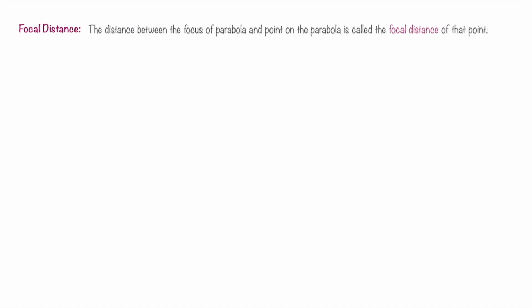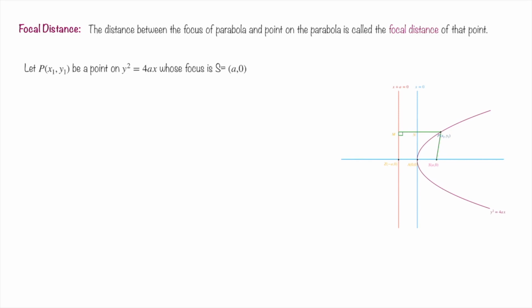Focal distance. The distance between the focus of a parabola and a point on the parabola is called the focal distance of that point. Let's find out the focal distance of a point on one of the standard parabolas, y square equal to 4ax. Let P(x1, y1) be a point on the parabola y square equal to 4ax whose focus is a comma 0.